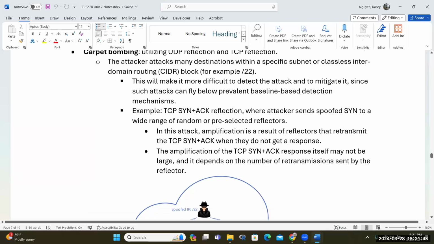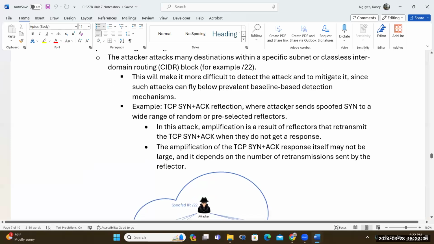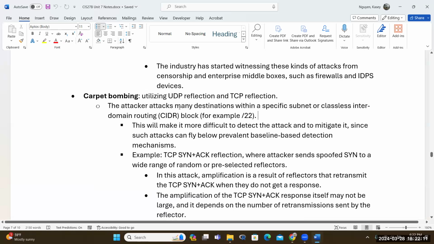Okay. Then another form of the newer attack is called carpet bombing, and this is using UDP reflection and TCP reflection. So the destination is using a subnet or a CIDR. So you would see something like /22, /24, etc. And so it's harder to detect because the destinations are not just in one range, but in different subnets.